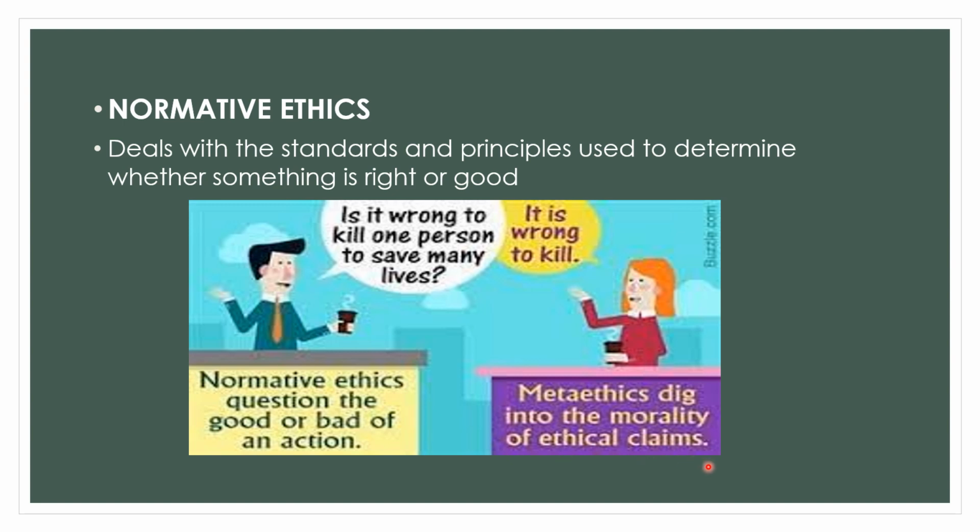Meta-ethics digs into the morality of ethical claims. So it's like a principle as such, it is telling that it is wrong to kill. Whereas normative ethics does check into the circumstances, so that it gives you some kind of standards and principles so that the ethics itself will have to be evaluated or adjusted according to the circumstances.